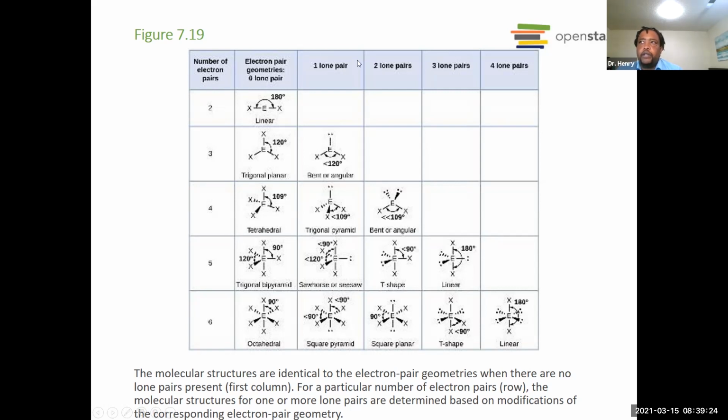Here, this is assuming there's one lone pair, two lone pairs, three, four. Two things attached to our center atom is linear. Simple, right? Three attachments is trigonal planar. Two attachments and one lone pair is bent or angular.